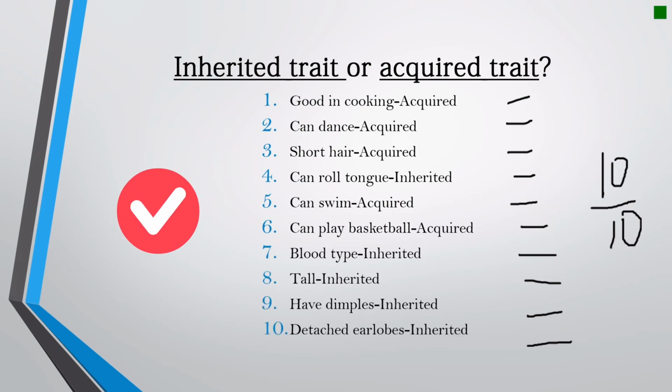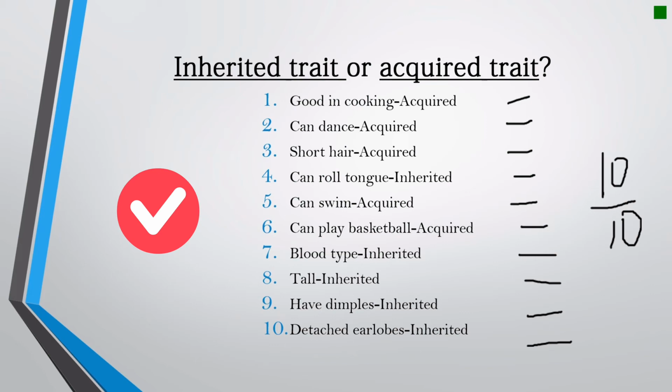Let's check your answers. 1. Good in cooking is acquired. 2. Can dance is acquired. 3. Short hair is acquired. 4. Can roll tongue is inherited. 5. Can swim is acquired. 6.